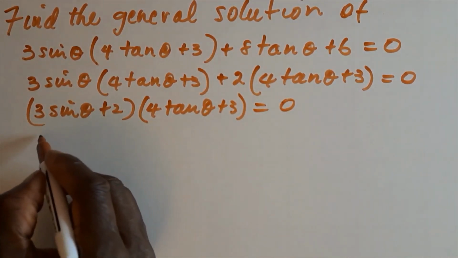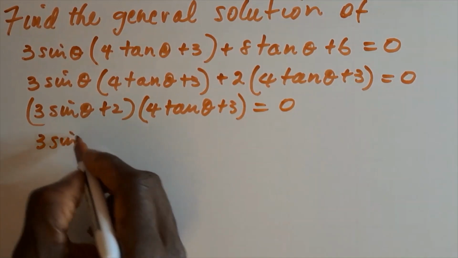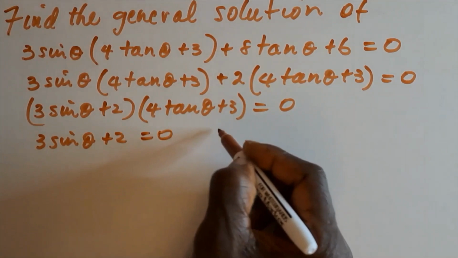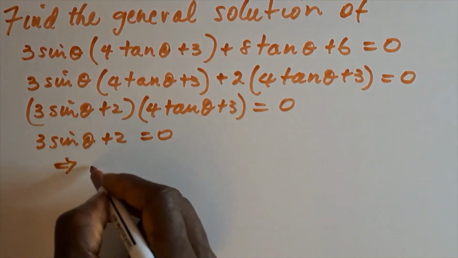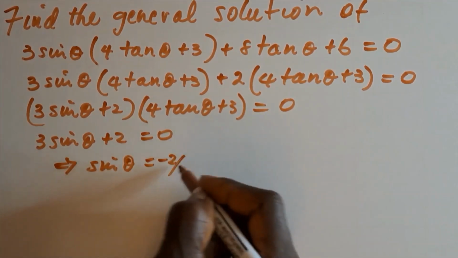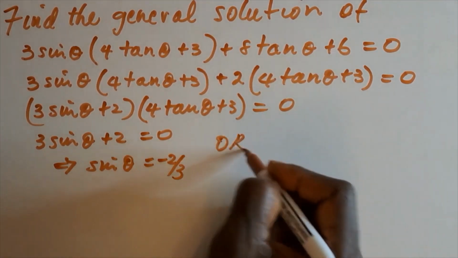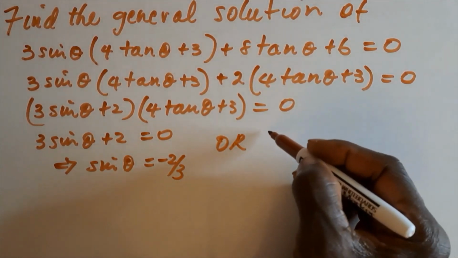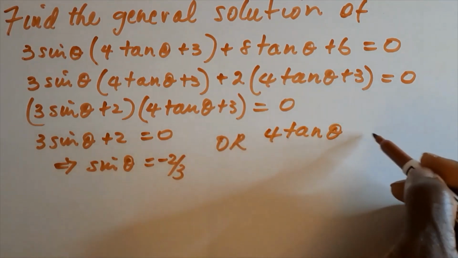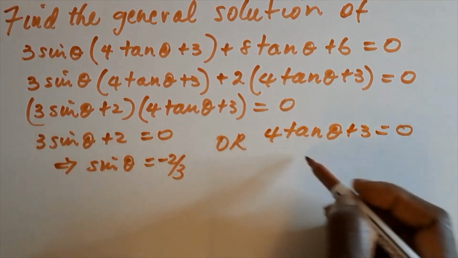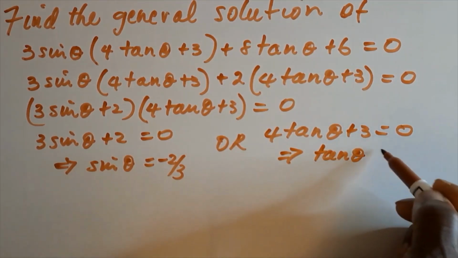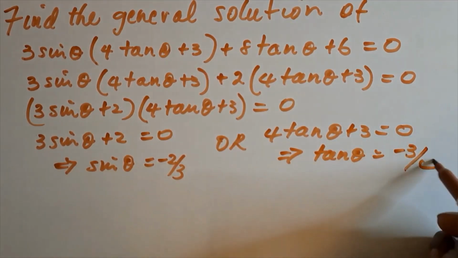So it's either that 3 sine theta add 2 is equal to 0, which implies that sine theta is equal to minus 2 over 3, or we have 4 tan theta add 3 is equal to 0, which implies that tan theta is equal to minus 3 over 4.